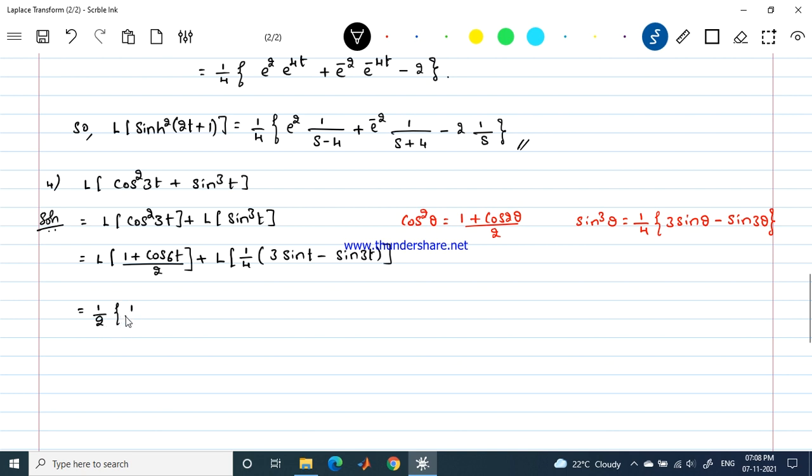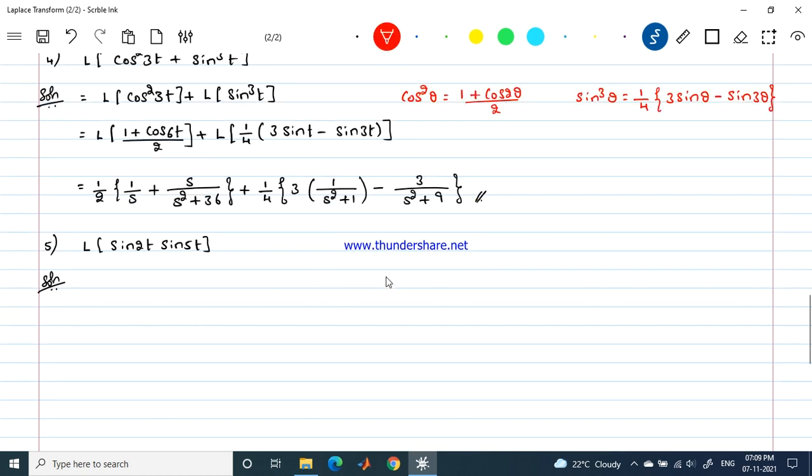Laplace of 1 is 1 by s, plus L of cos 6t is s by s square plus 36, plus 1 by 4, a constant, 3 times L of sin t is 1 by s square plus 1, minus L of sin 3t is 3 divided by s square plus 3 square, that is 9. That's all.